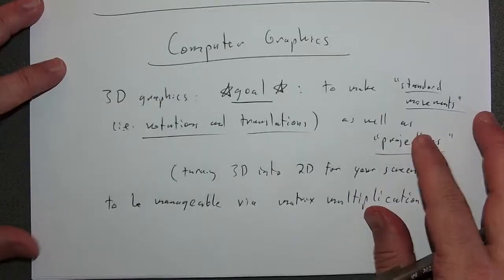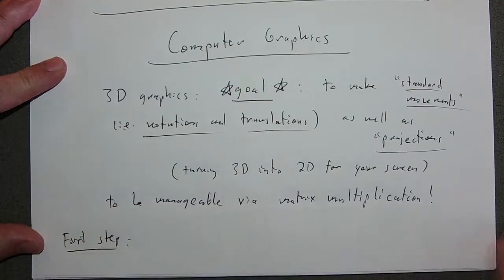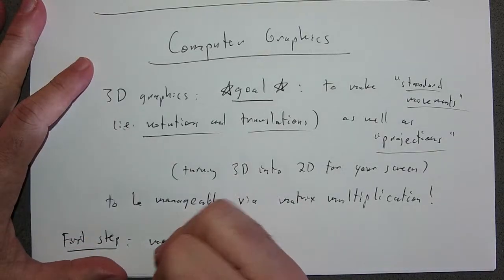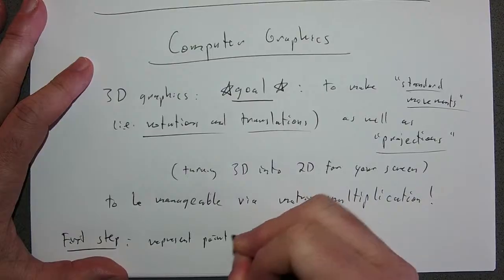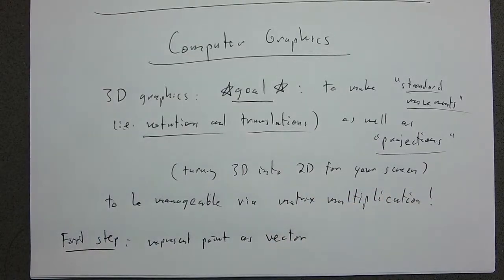Now, first step. We represent a point by a vector. Nothing new here, right? In fact, maybe the first day of Calc 3 or first day when you were dealing with vectors, it's probably been beaten into your head at this point that points are vectors, vectors are points in a sense.